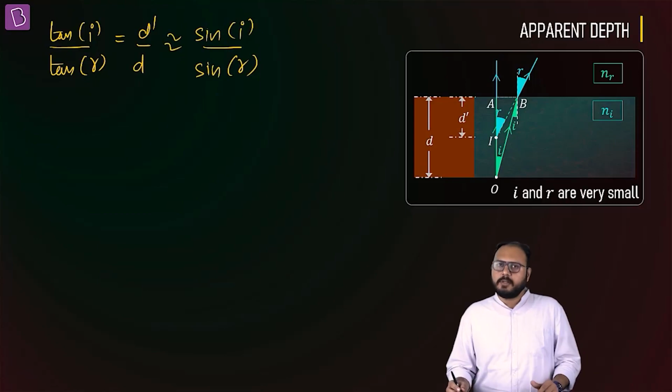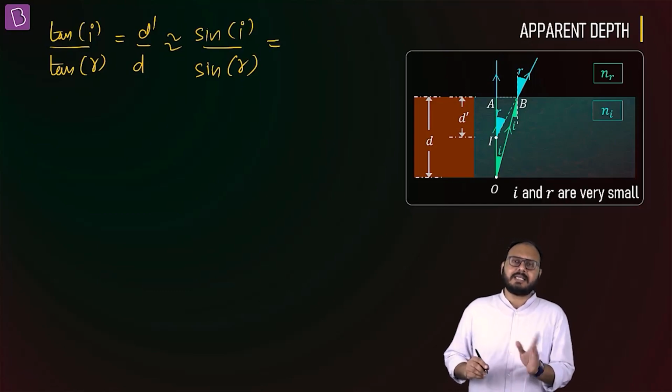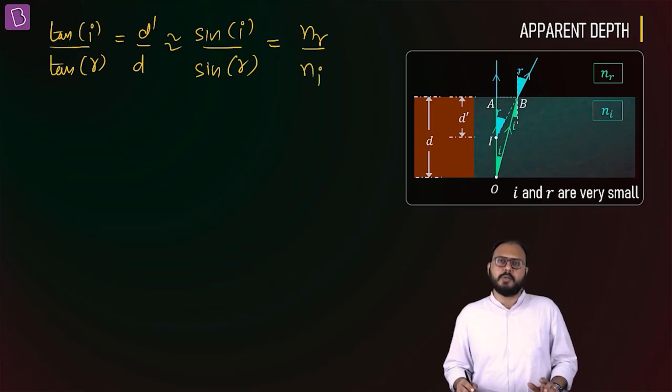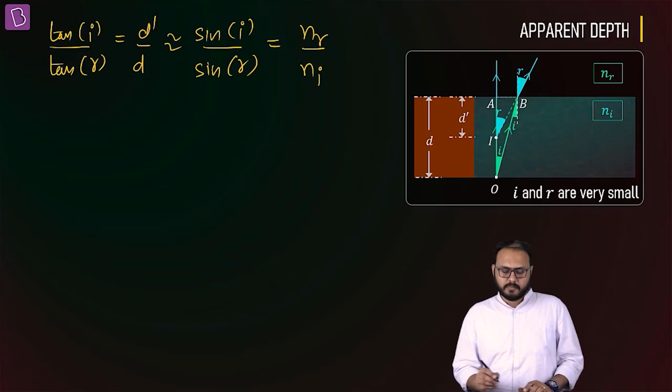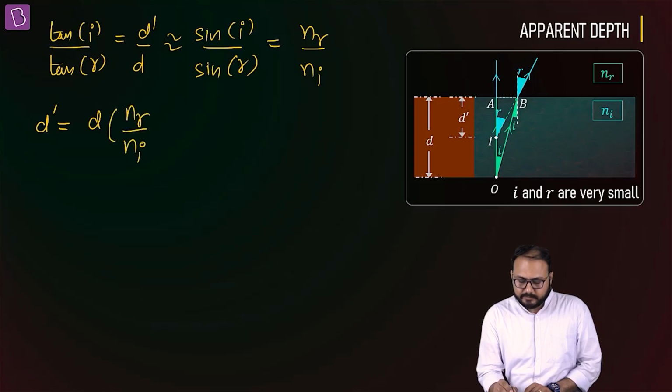Because I and R are small. And what does Snell's law say? Sir, Snell's law says that Ni sin I equals Nr sin R. So Nr by Ni, so that the cross multiplication is equal. So sir, I am getting D dash is equal to D times Nr by Ni.